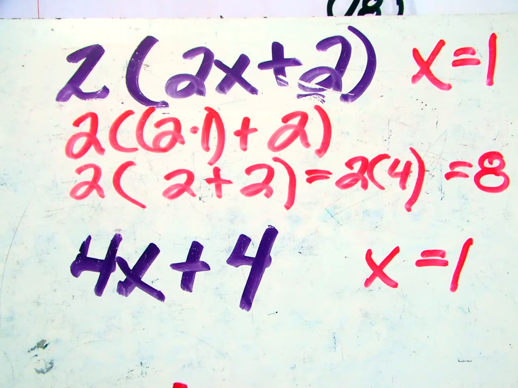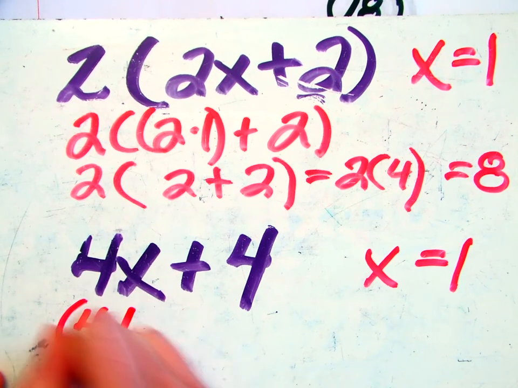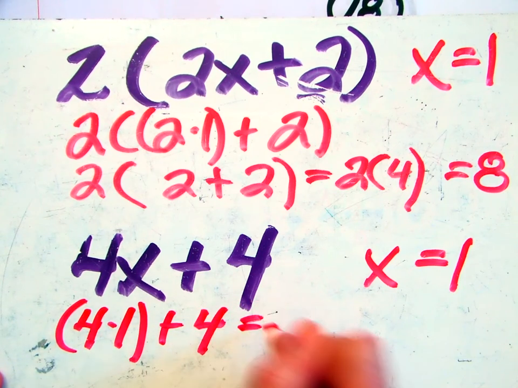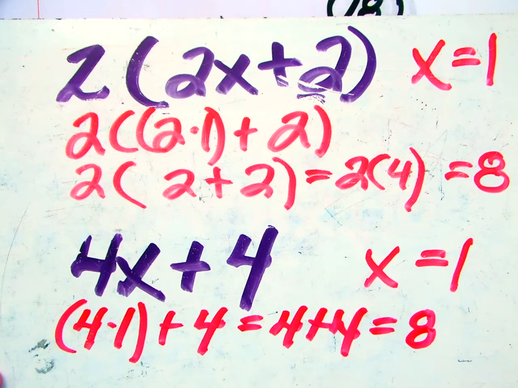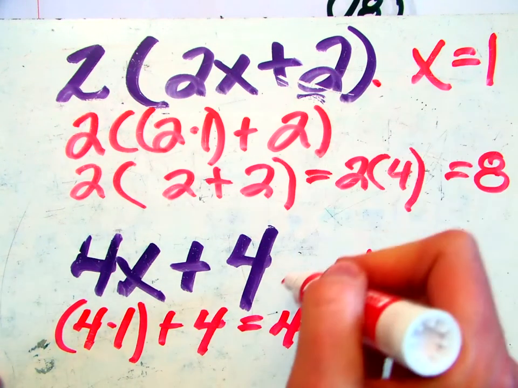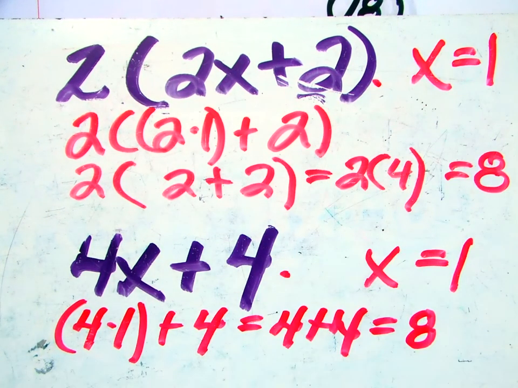Let's try this one. x is still 1. We're substituting. We're proving that they are worth the same thing. 4 times 1 plus 4. Well, 4 times 1 is 4. Add the 4. Ta-da! 8. Therefore, this is equivalent to this, not only because we did it on the tiles, but we also tried it with the distributive property. Now we've done substitution and proven that if x is the same value substituted into each expression, you'll get the same solution.